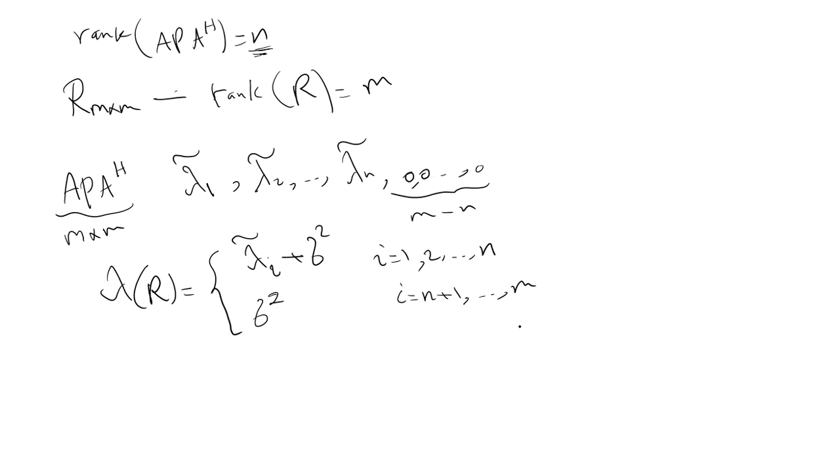So we have M minus N eigenvalues of matrix R which equal sigma squared. Because the matrix is positive definite, the eigenvalues are positive, so the N eigenvalues of the signals are greater than the noise eigenvalues.